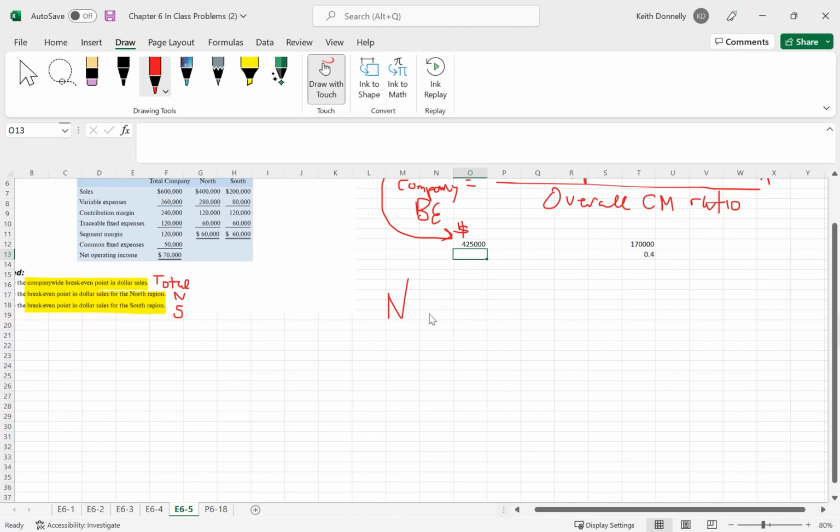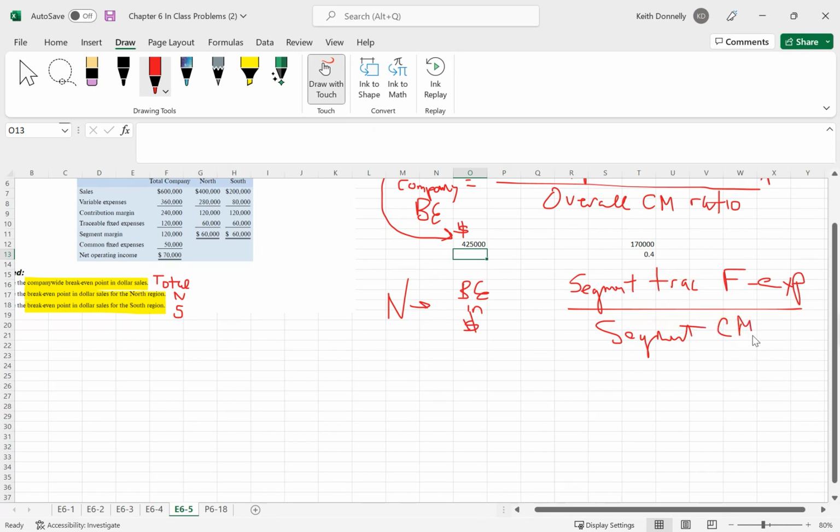Because we're looking at it from just a segment, the break even in dollars equation is going to be our segment traceable fixed expenses divided by our segment contribution margin ratio. So we're just looking at it from a segment level.